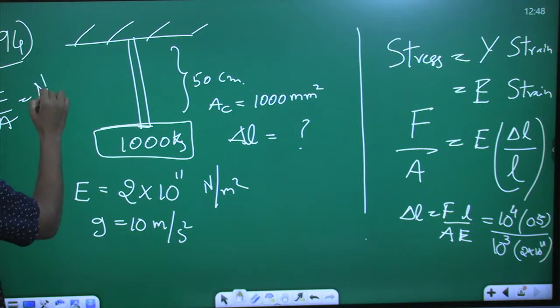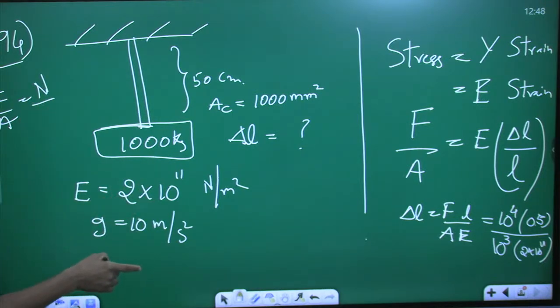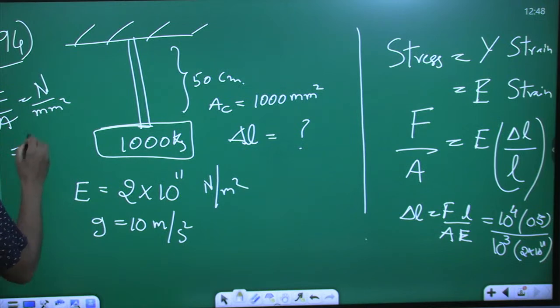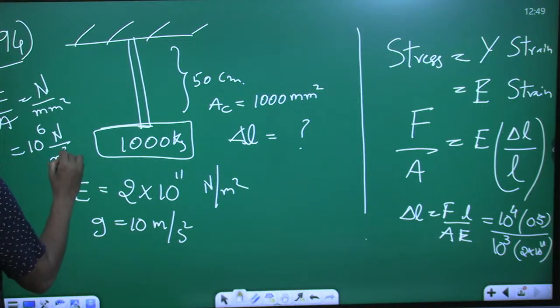Newton per mm square, right? We have area in millimeters. So if you convert this, 1 Newton per mm square is equal to 10 power 6 Pascal, nothing but 1 megapascal.